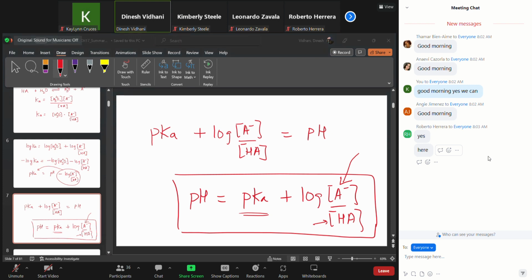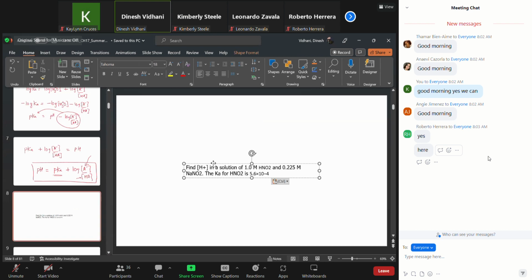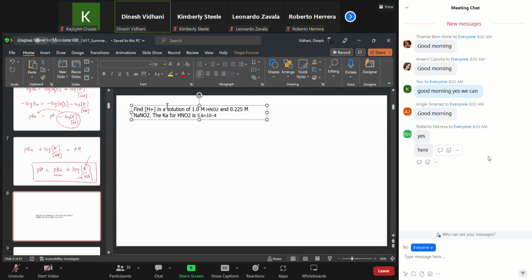Let's solve one problem on this one. Give me a second. So I will copy one problem and we are going to do it. See, nitrous acid is a weak acid, right?